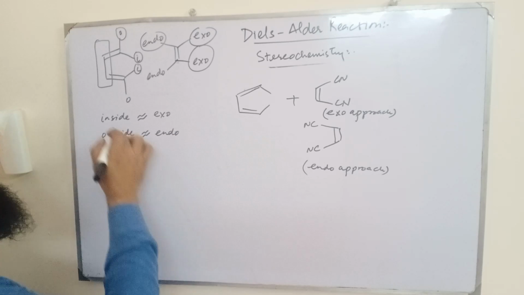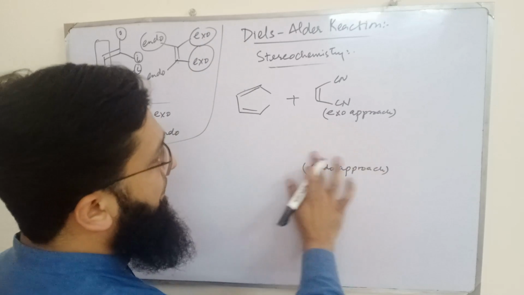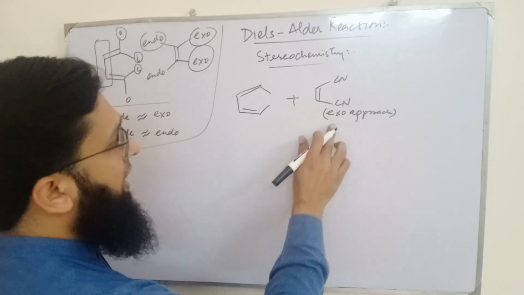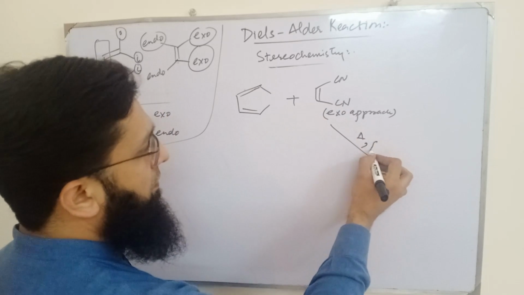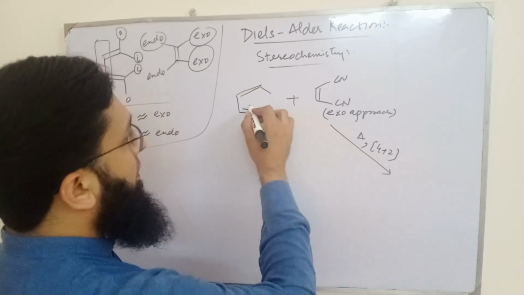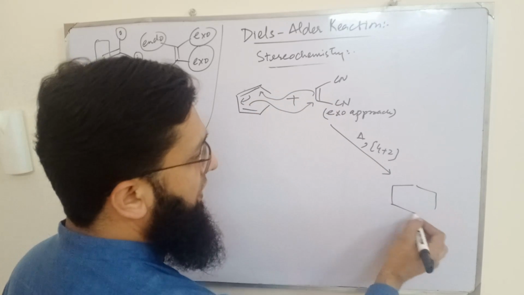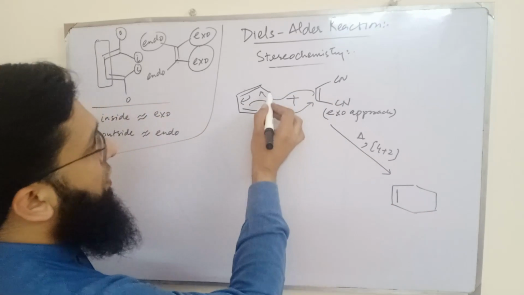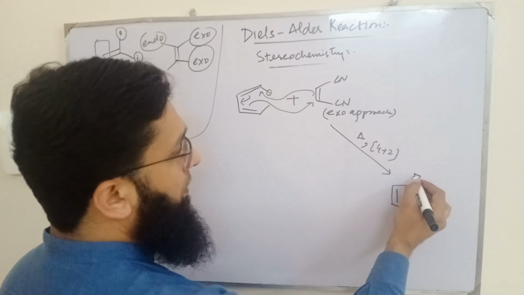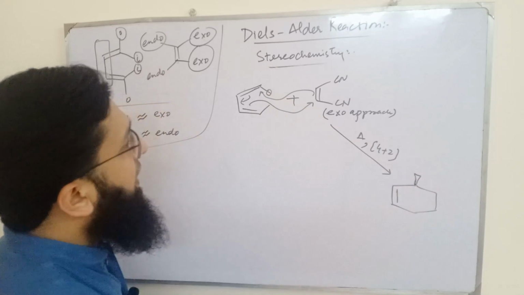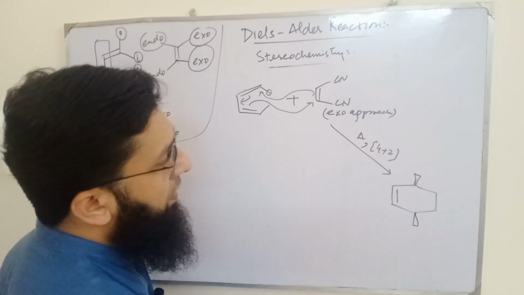Now we solve this problem using these models. If we have exo approach here, we will get the cyclohexene first. Now if we put this substituent on the above side, the other substituent would also come above.